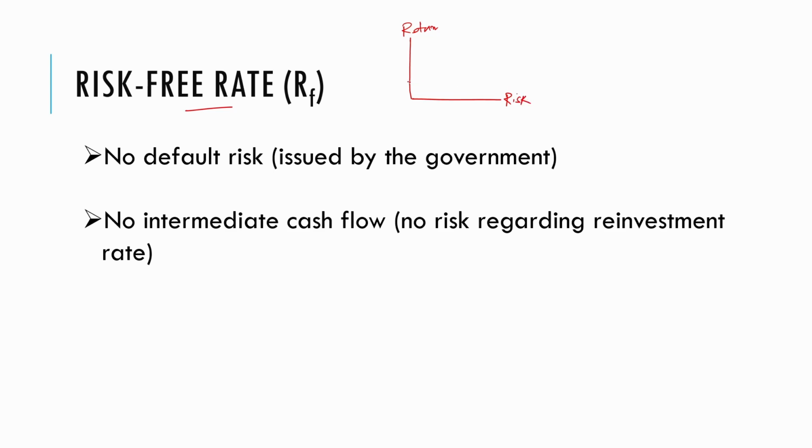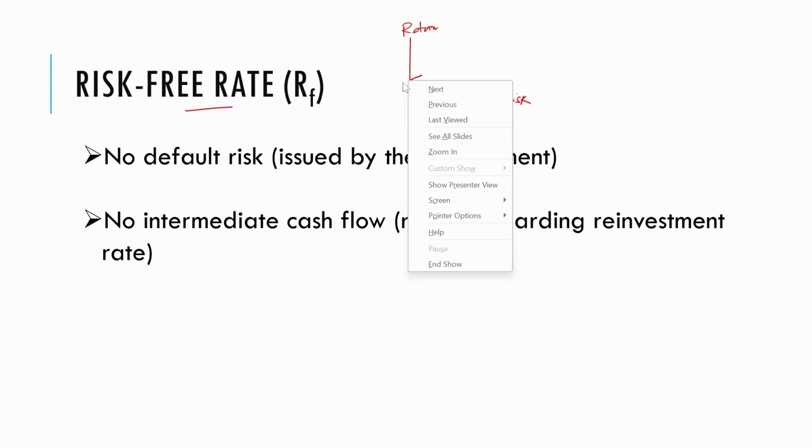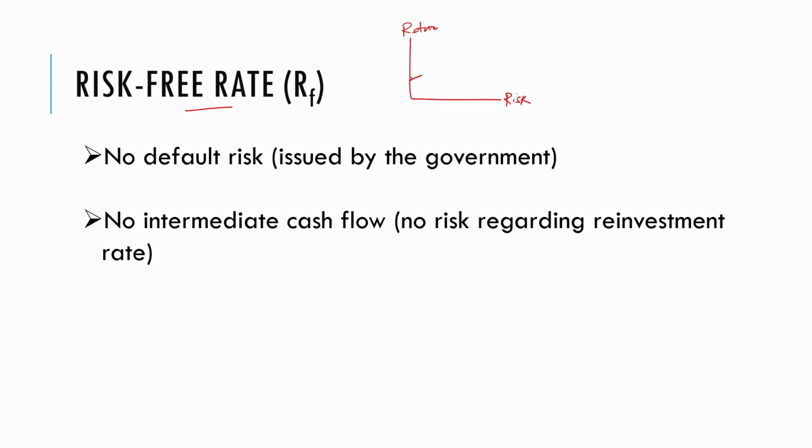But practically, even if you consider zero risk, there is a certain return. You see the y-intercept here. It is not starting from this zero point, it is starting from this point, so this much return anyway you will get.